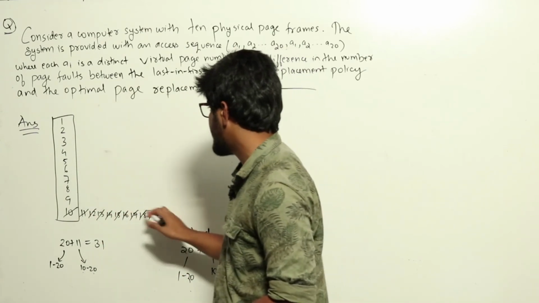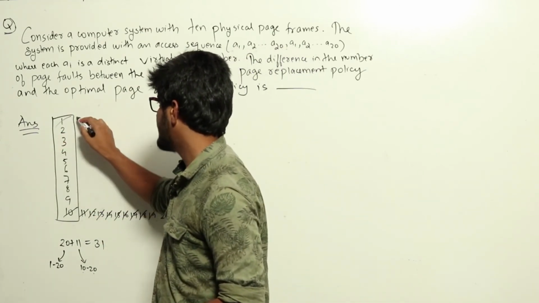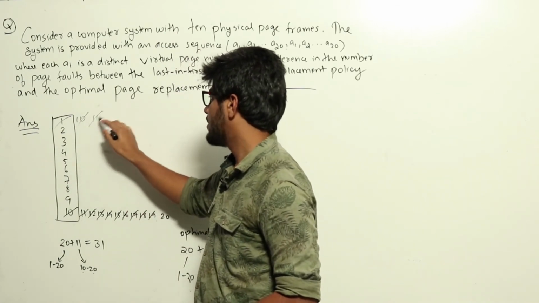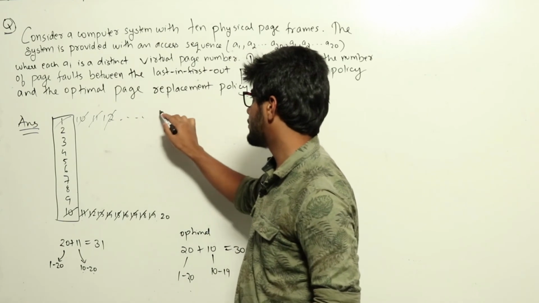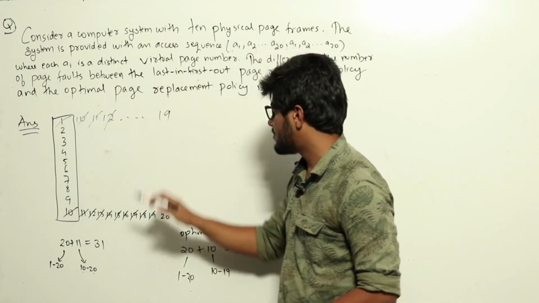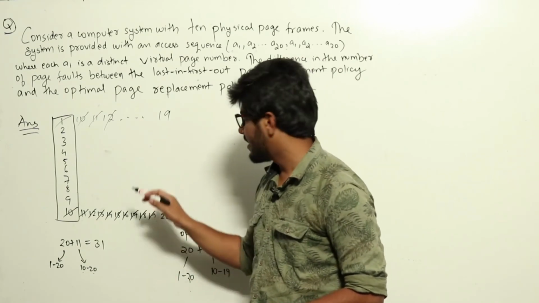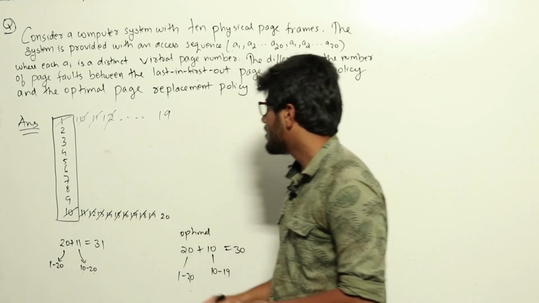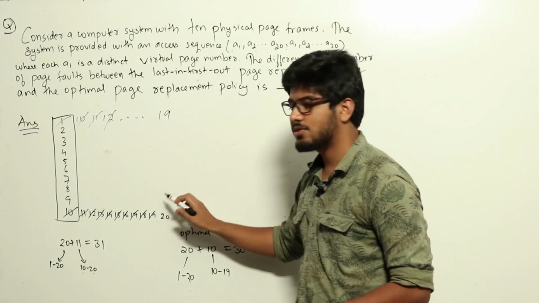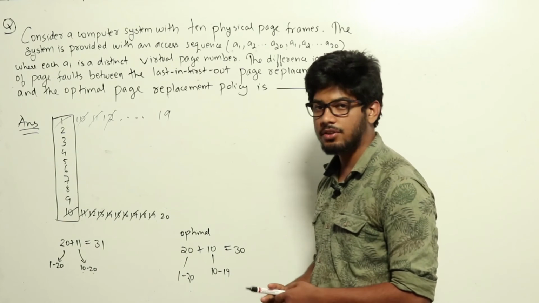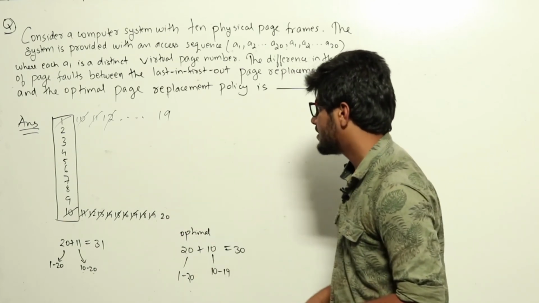So 20 we'll keep here, 1 we'll remove and add 10. Similarly we can remove any and add 11, 12, etc. up to 19. After that we reference 20, but 20 is already available in the page frames. For last in first out, the last 20 also created a page fault, but in optimal the final 20 won't create a page fault, as it will already be there in the frames.